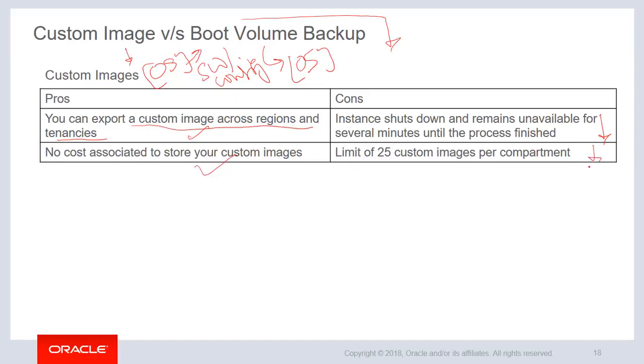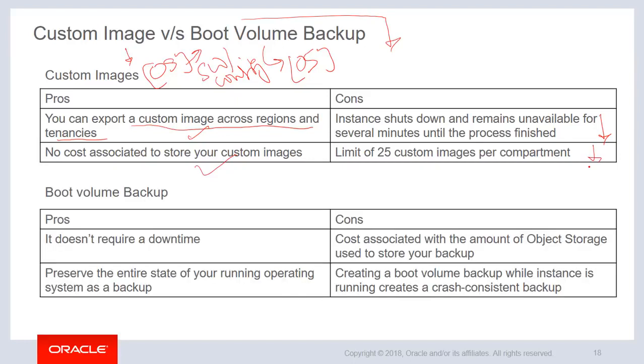Now if you have a boot volume, you can always take a backup of that. If you change some things, you can take a backup. The advantage here is it doesn't require downtime. It's real time, you don't have to bring the instance down. It preserves the entire state of your running operating system as a backup. On the other side, the downside is that backups are stored in object storage and you pay for that.